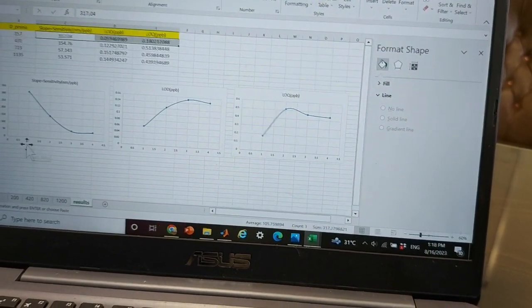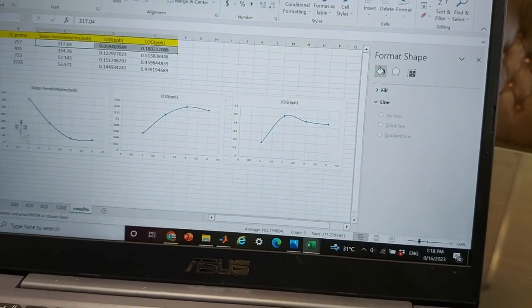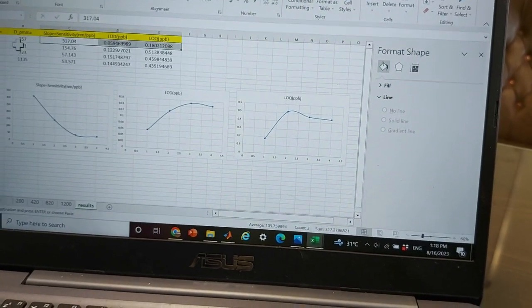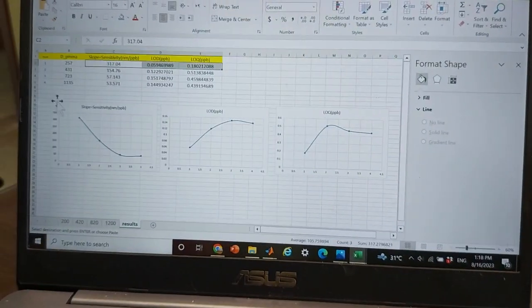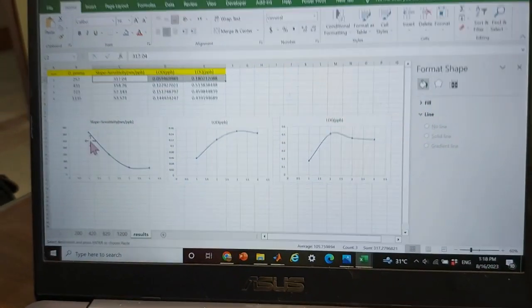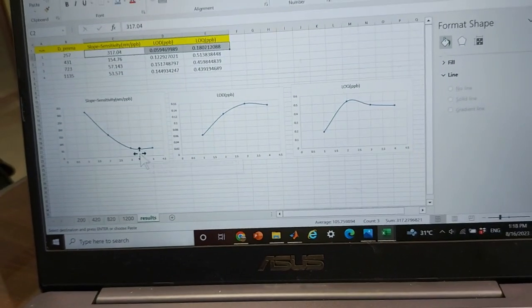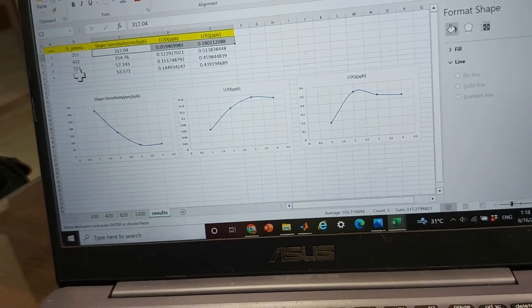Okay, you see here, this is the sensitivity slope. Number 1 is for the first sample. The next one, 2, is for the next sample. You see 4 dots here. The sensitivity is coming down, decreasing by increasing the size of the polymer.